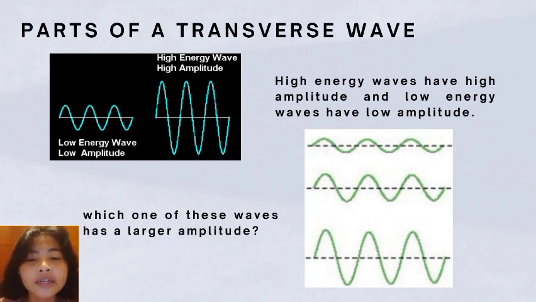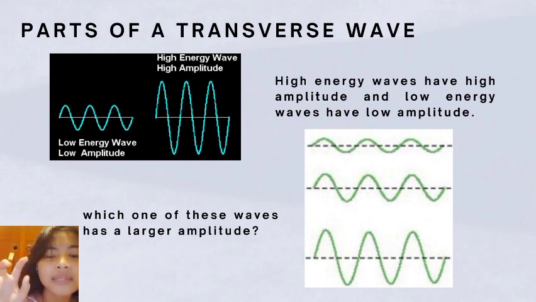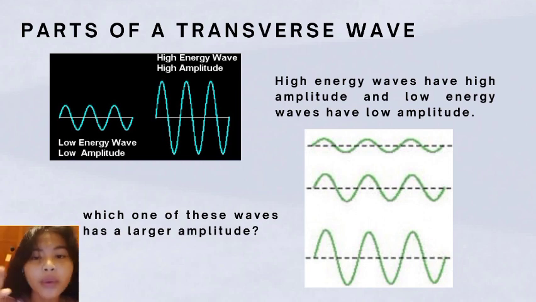On the first wave, the amplitude is how high the wave is. Since the wave on the left side is low, it has a low amplitude, which means the wave has low energy.